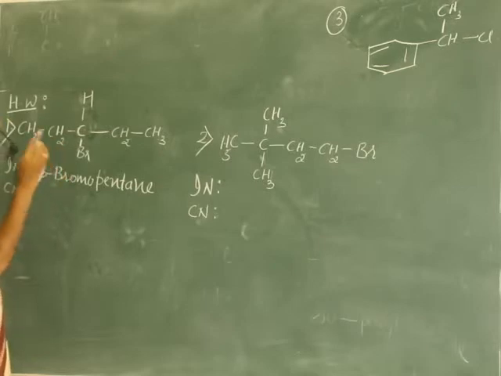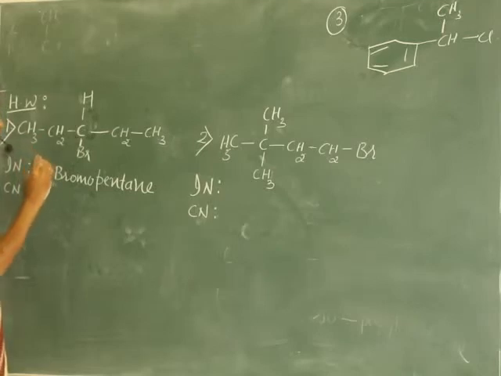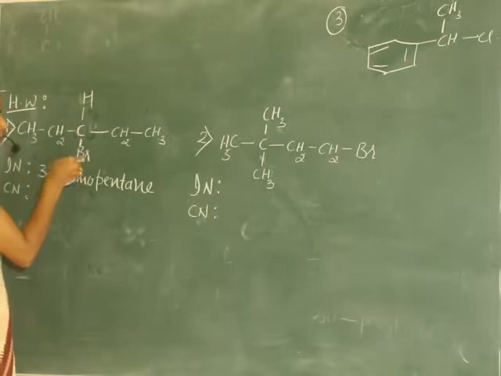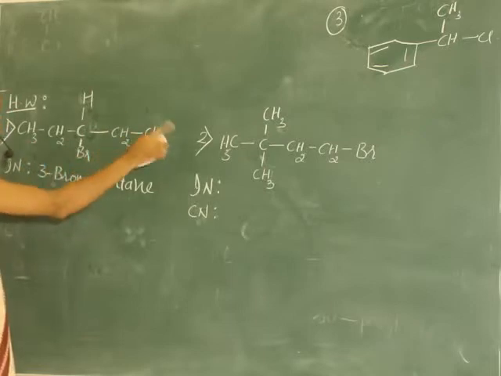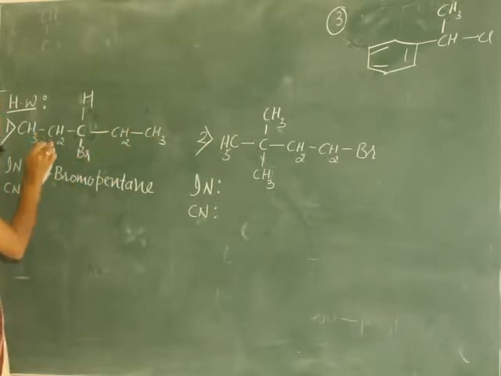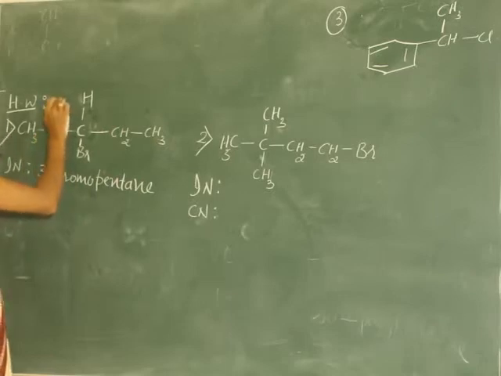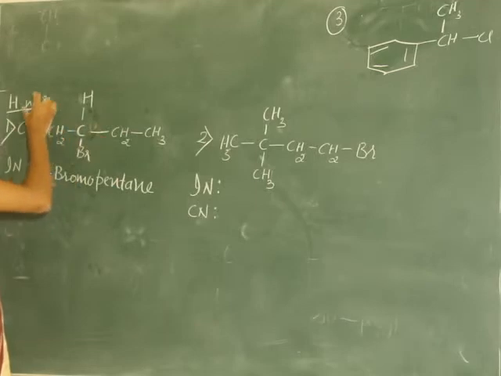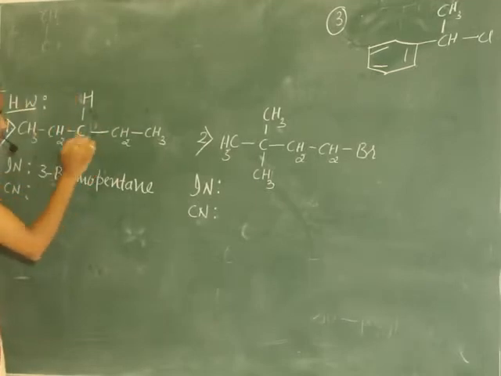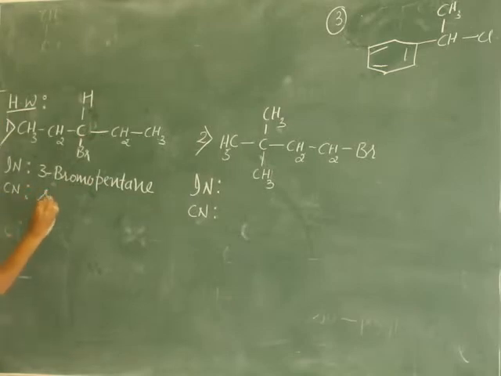Why can we not use iso as a prefix? To write iso as a prefix, the bromine atom should be at one end, and at the second carbon atom there must be a branch. There must be one straight chain and one carbon atom in the branched chain. Hence, the name of this compound is secondary.